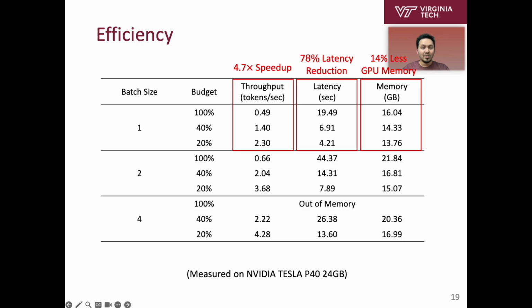At higher batch sizes, these benefits are even greater, especially for memory saving. For example, when the batch size is 4 on a 24 GB GPU, our method prevents out of memory error by significantly reducing the GPU memory usage.